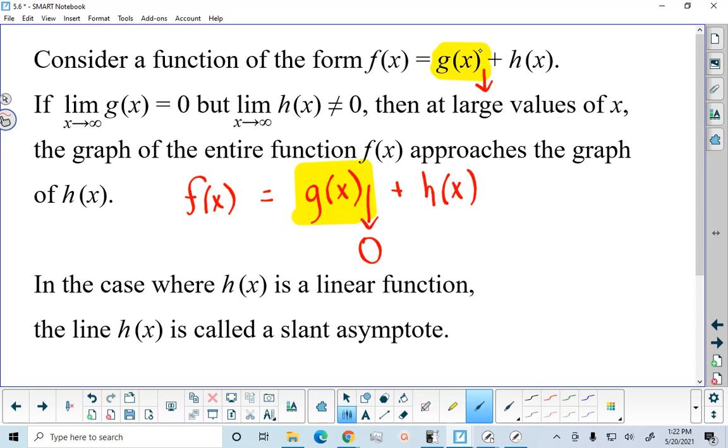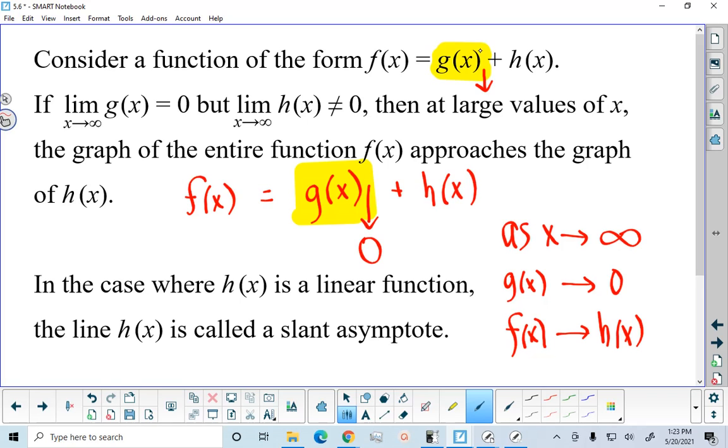So at very large values of x, what happens is this. As one part of this function gets less and less important, the other part becomes all important. And if h of x is a linear function, then that is what we call a slant asymptote.